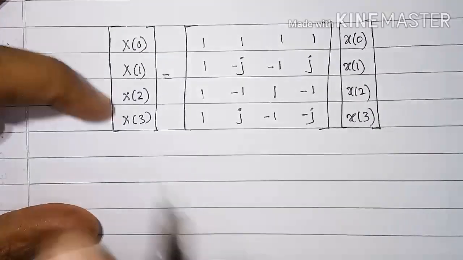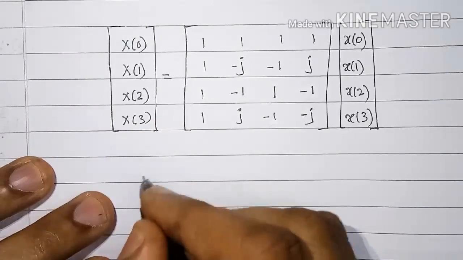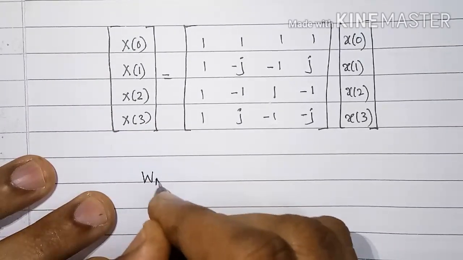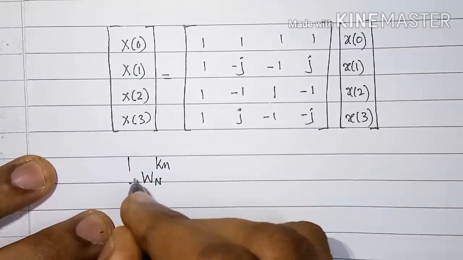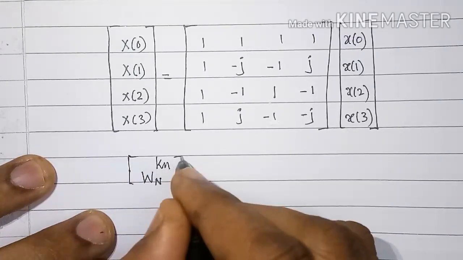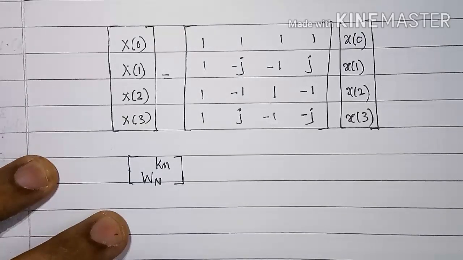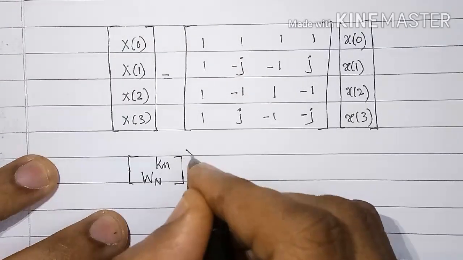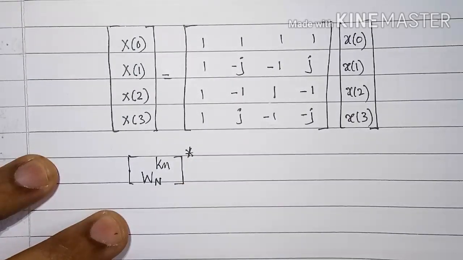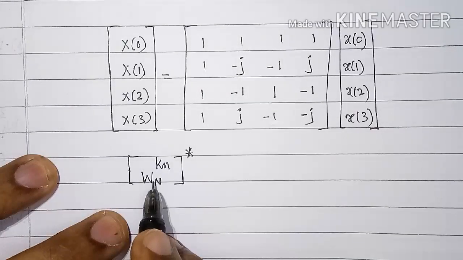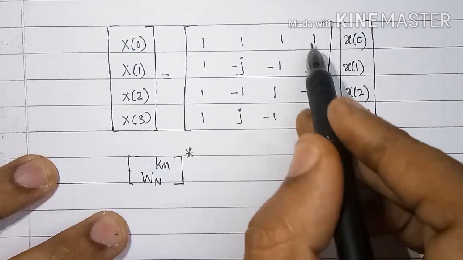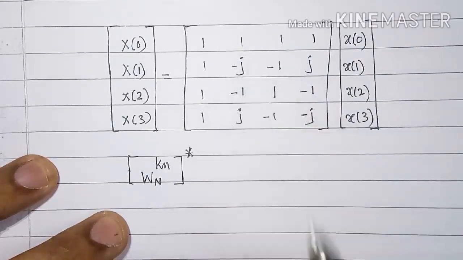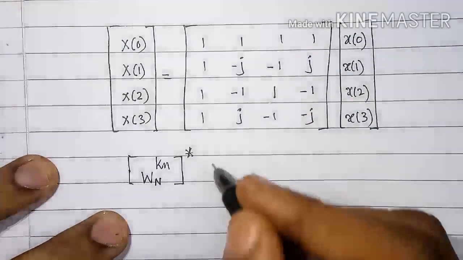Sometimes we have to calculate the W N to the power kn matrix, that is the transformation matrix, complex conjugate. That complex conjugate may be calculated as the complex conjugate of the individual twiddle factors in the matrix.